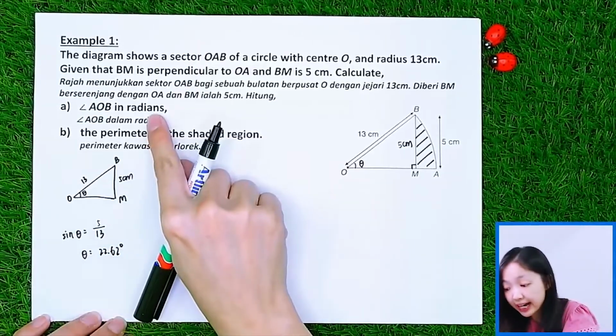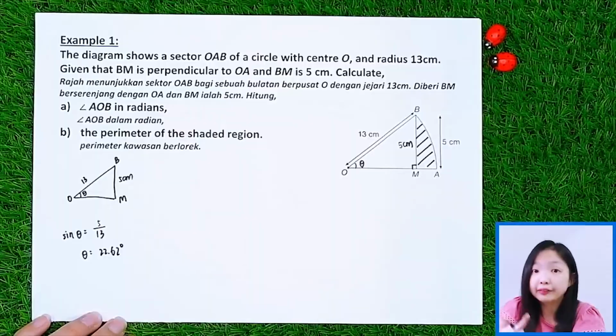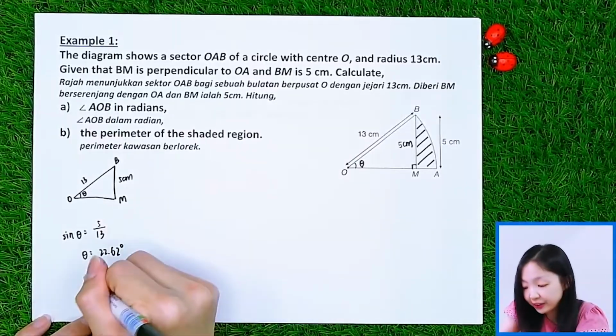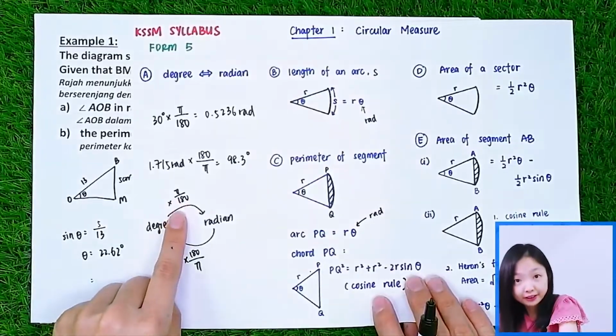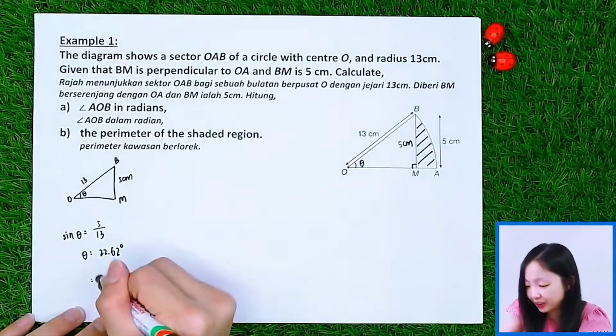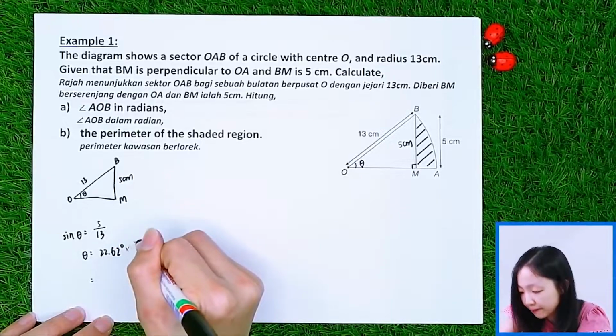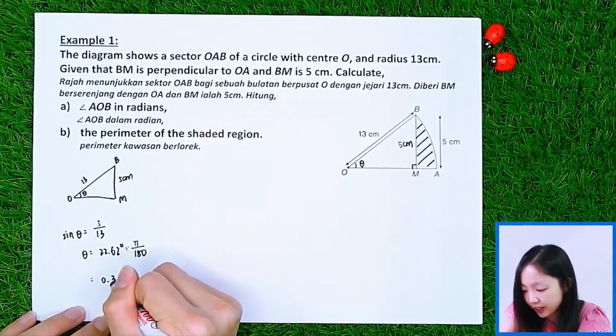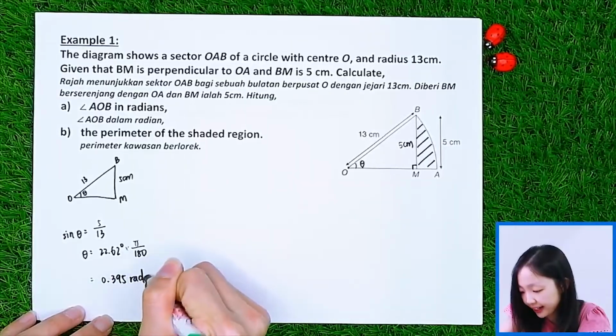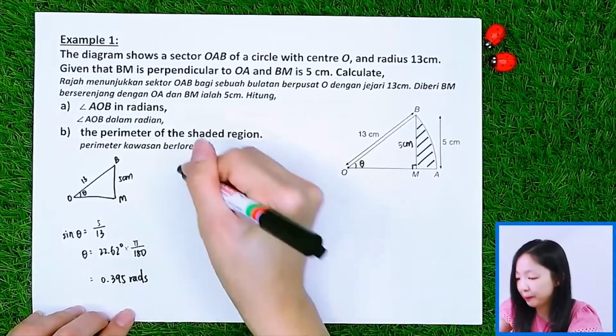But the question asks us to find it in radian, so we have to change it to radian. You remember? We times pi over 180. So 22.62 times pi over 180, then you will get your answer, 0.395 radians.